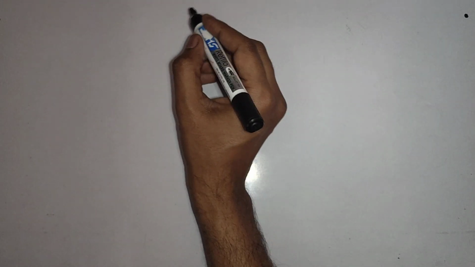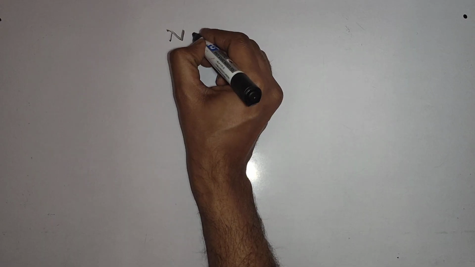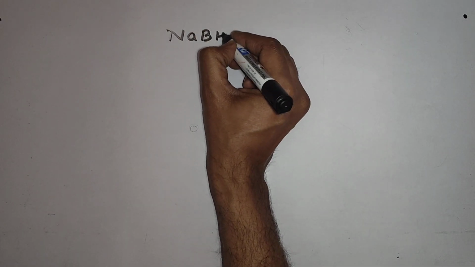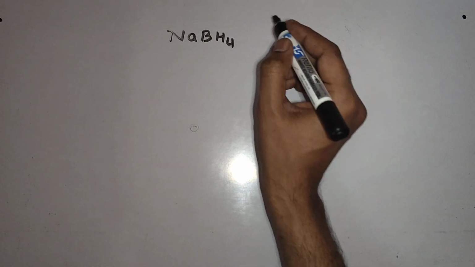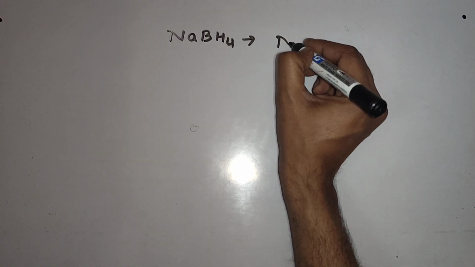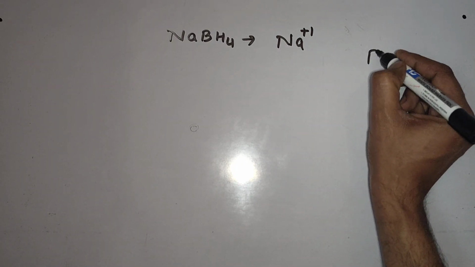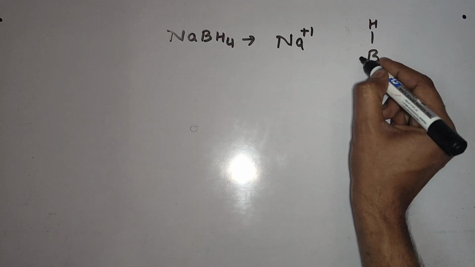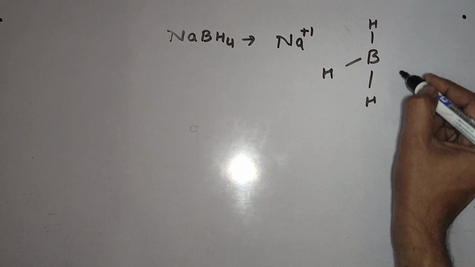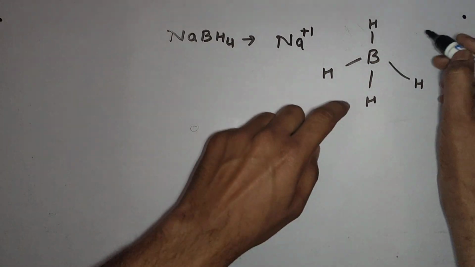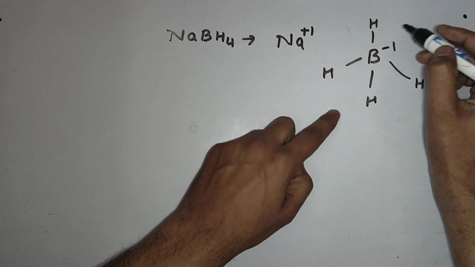For reduction, we are using a reducing agent, that is sodium borohydride, NaBH4. In NaBH4, Na is carrying +1 charge and borohydride is in this condition. Boron is carrying -1 charge.